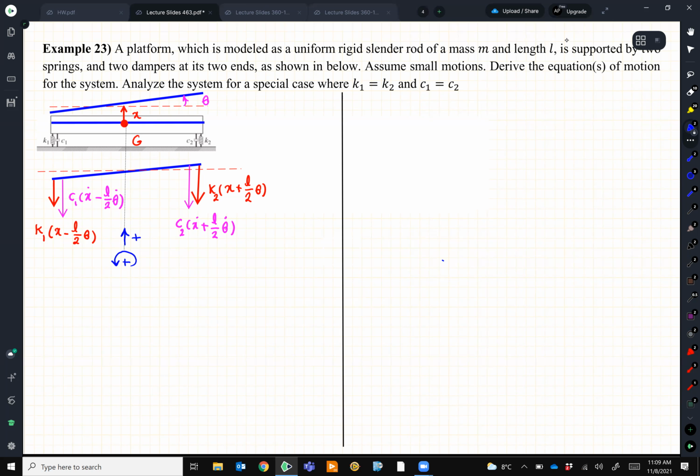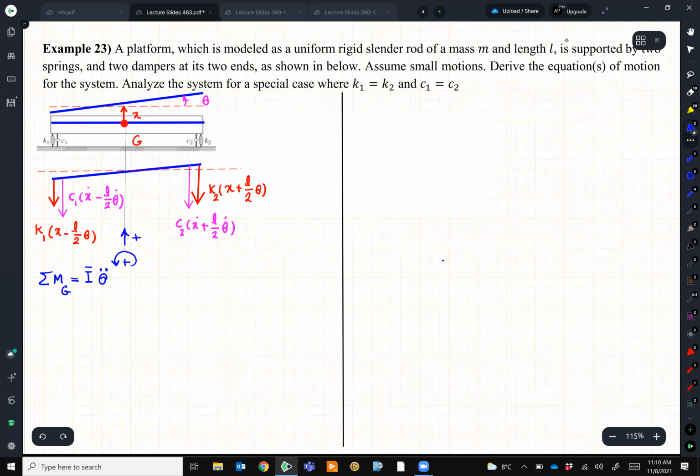So I have a rigid body. It's not a particle. I need to use Euler's equations. So remember Euler's equation for rigid bodies, we have two scenarios. One being fixed to a point. This is not that case, right? There is no pin or anything fixed to that point. So we are limited to taking the moment about only the center of gravity, which is equal to I bar theta double dot.